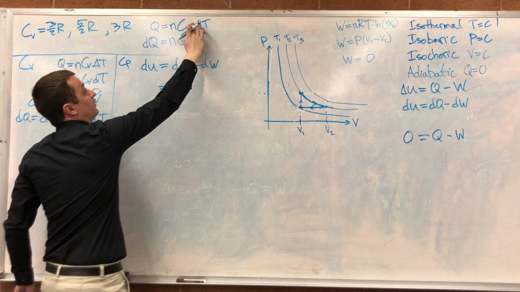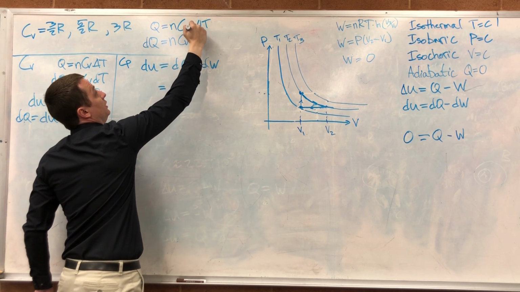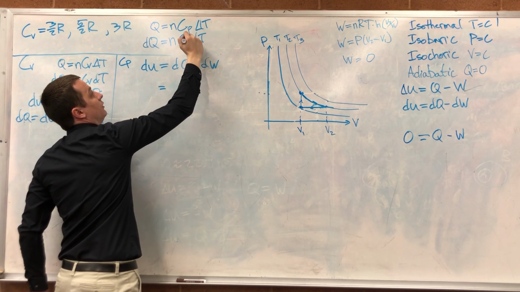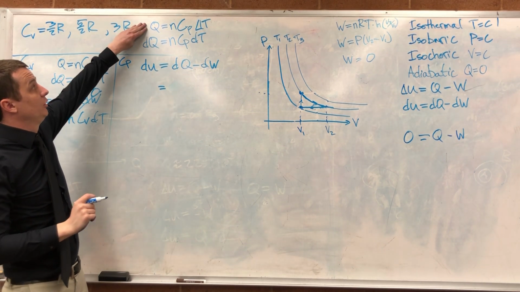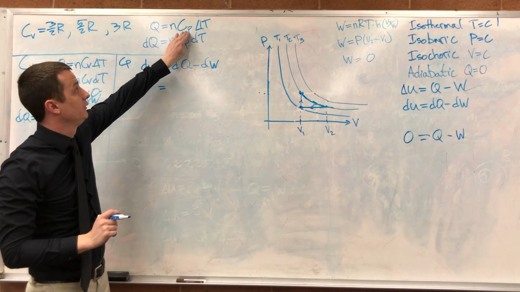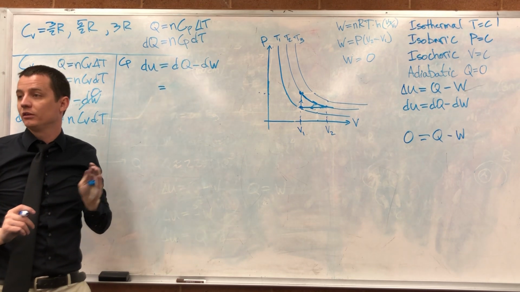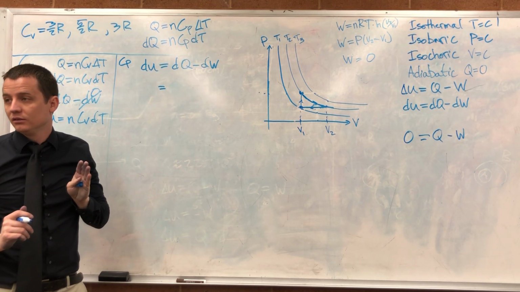Our only difference is we're switching this from a V to a P in constant pressure land. So the formula still applies: Q is equal to n times its molar heat capacity times its change in temperature.